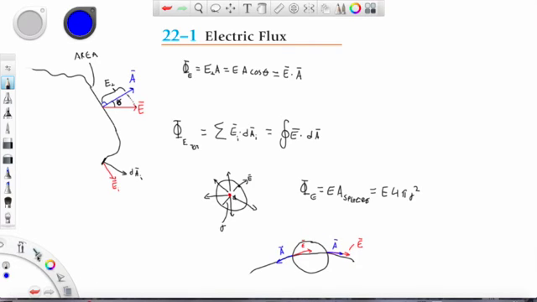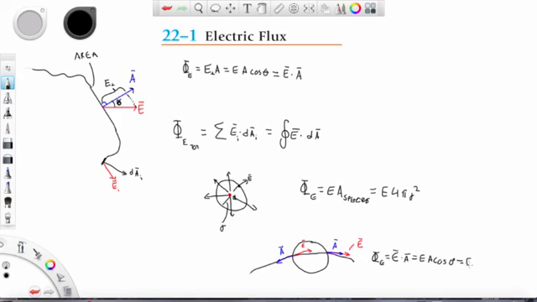Now, if we calculate the flux in these two cases, on the outgoing side we have phi E to be E dot A, which is E times A times the cosine of the angle between them, which in this case is 0.